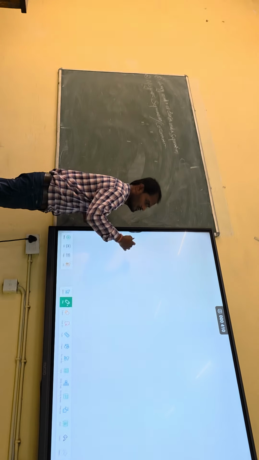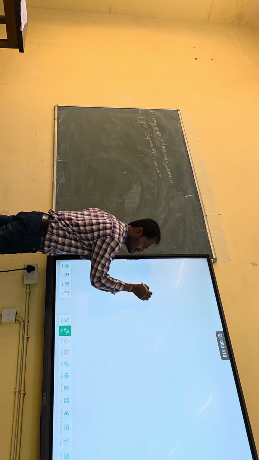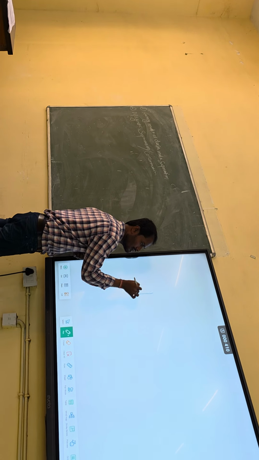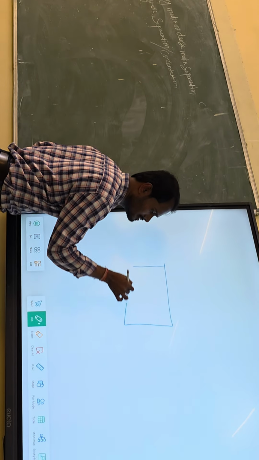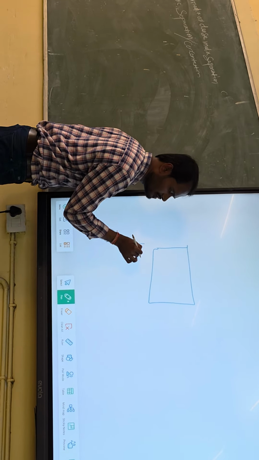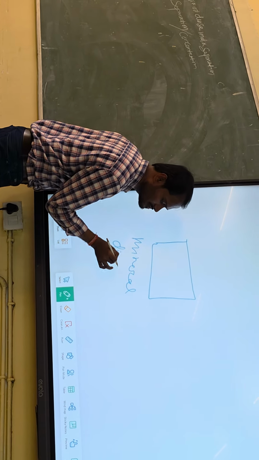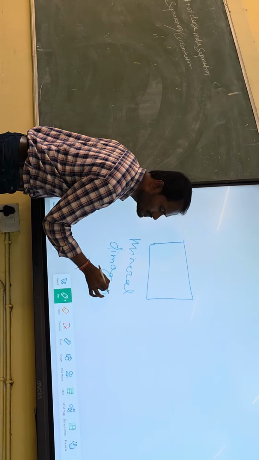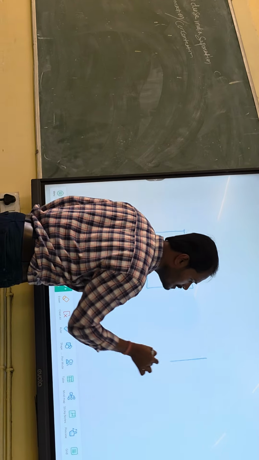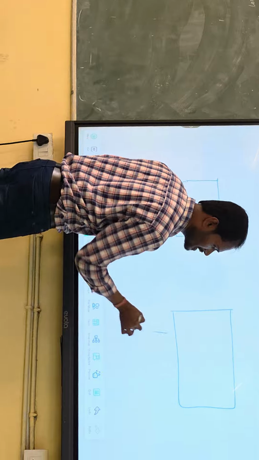So now, okay, let me give an example. For example, this is a mineral. This is a diamagnetic mineral. And this is a mineral, this is paramagnetic, for example.